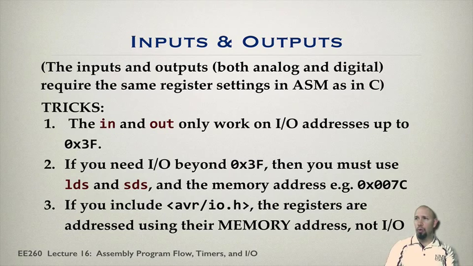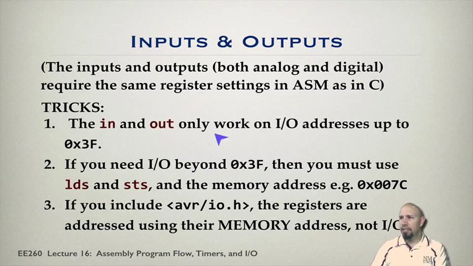If you can use in and out, then use them, because they are faster than other ways of accessing the data. The next trick is if you need an I/O beyond 3F, like timers or counters, again lots of registers beyond 3F. Then you need to use LDS and STS.